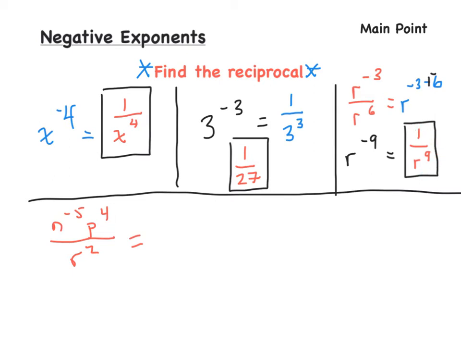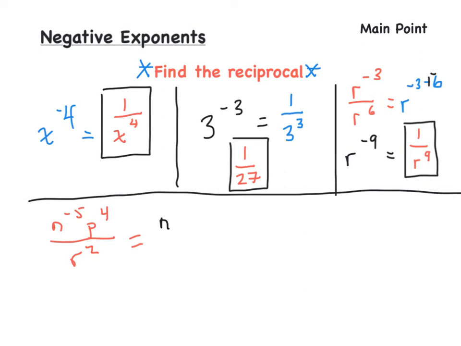Alright. I'm going to walk you through this one down here, and on the next slide you're going to try one. So we have n to the -5th p times p to the 4th, all divided by r to the 2nd. Since there really isn't anything that pairs up, I'm just going to break it out.